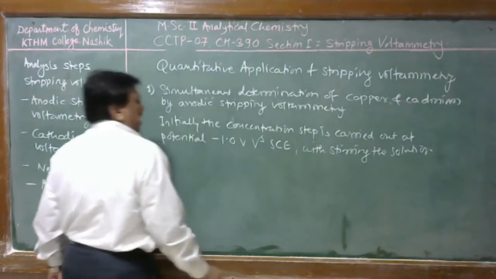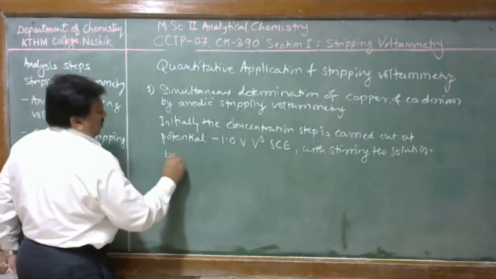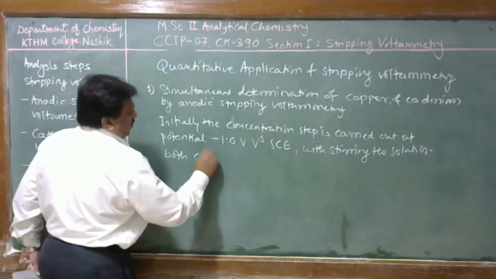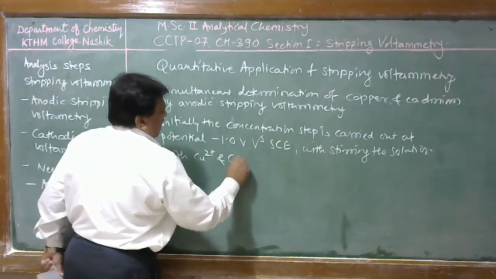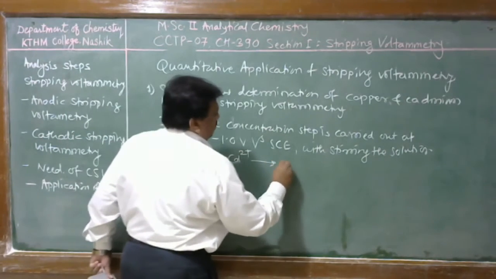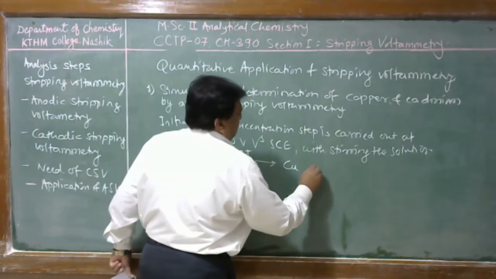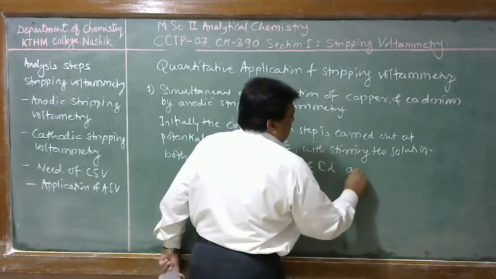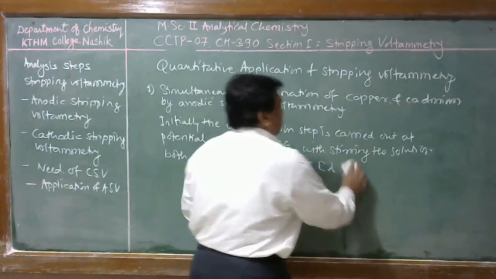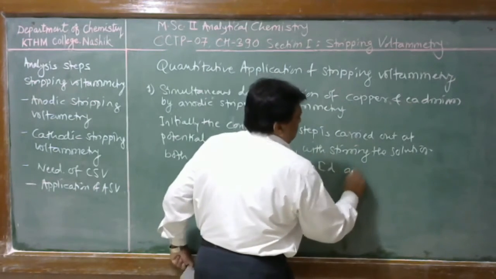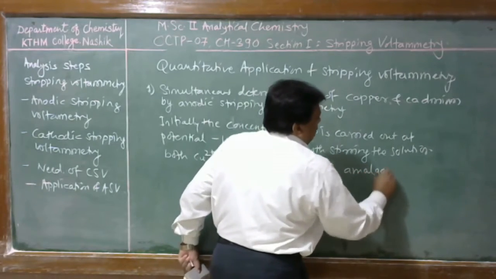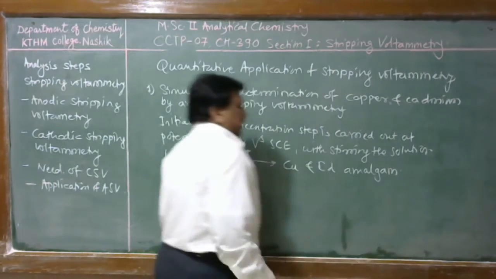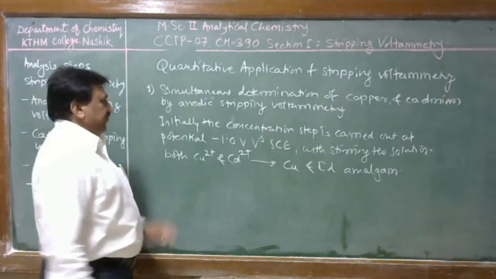At this potential both copper 2 plus and cadmium 2 plus get reduced to copper and cadmium metal or amalgam, since the working electrode is mercury.